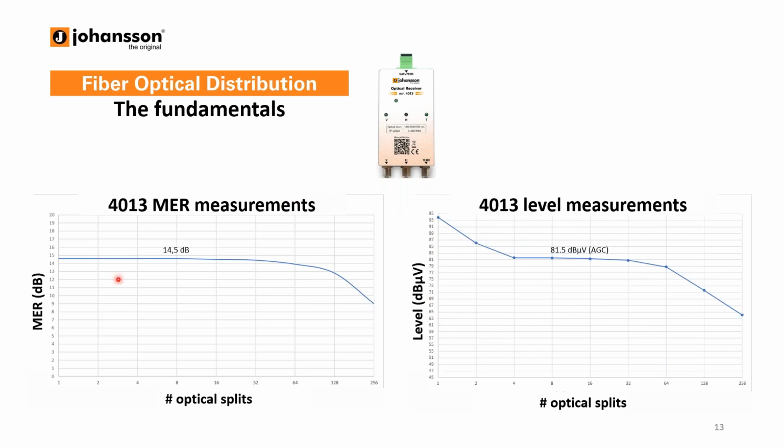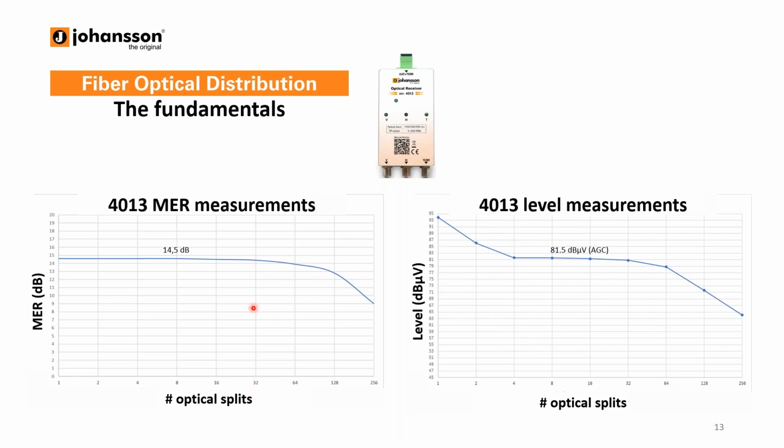So if we look at the MER, we start at a quite perfect signal. You always have to start from a perfect signal, of course, or as perfect as possible. In this case, it's 14, almost 15 dB, which is really perfect. What you see as you have more and more splits is that basically the MER stays the same.